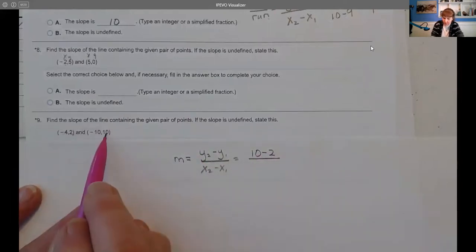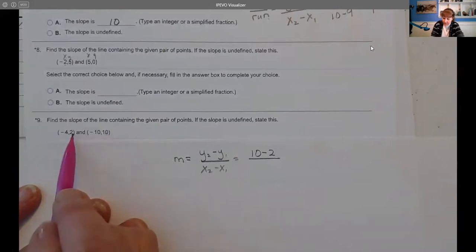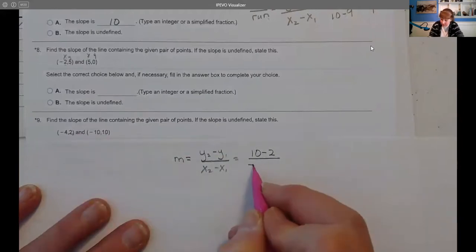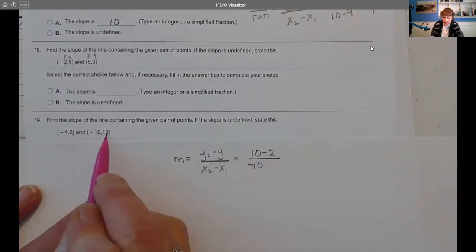Which means I started with this guy. Since I started with this guy, I was looking at that last one, making sure I did that right. So we have 10 minus 2 in the numerator. For the x's, I have to start with the negative 10 because I started with its partner here in the numerator.